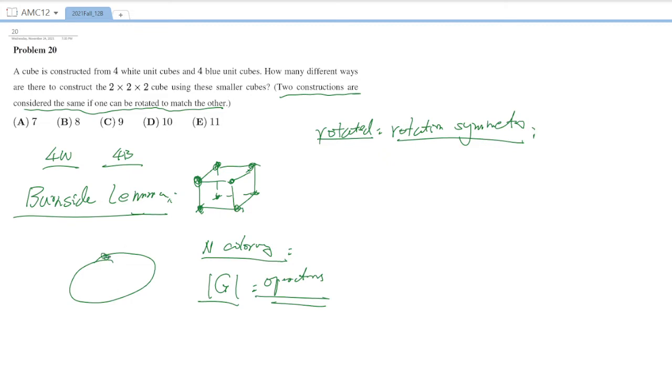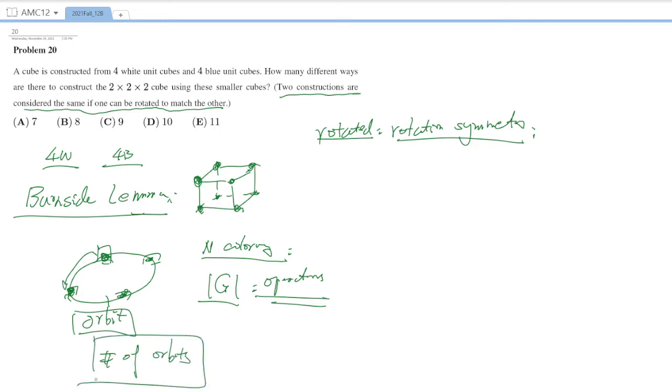If one coloring is here, the other coloring is here, and the others are here, you can use some rotation to get from this one to this one, to this one. All 4 colorings can be rotated into each other. This is called an orbit. So if we want to remove the rotation duplication, basically we are counting the number of orbits.